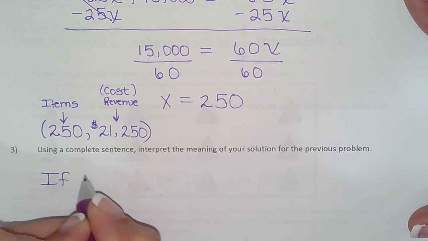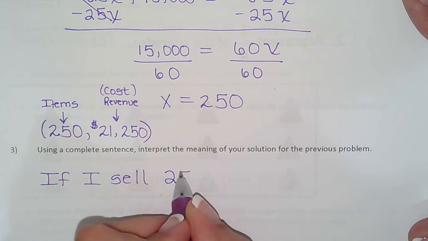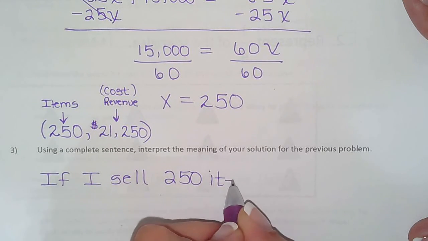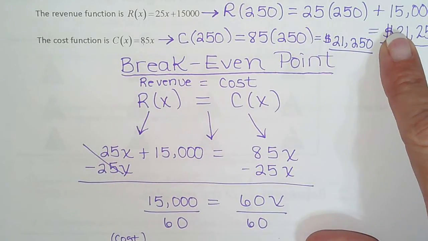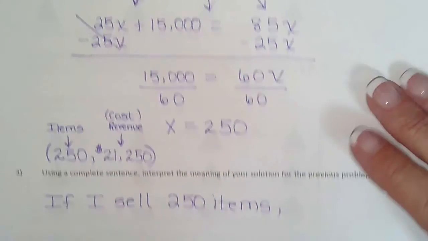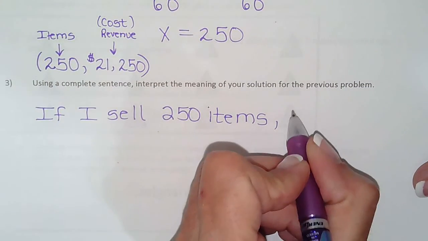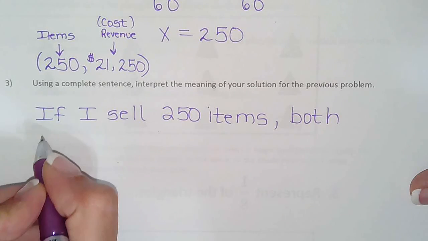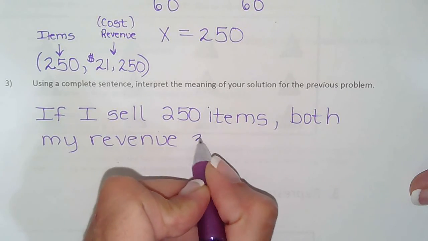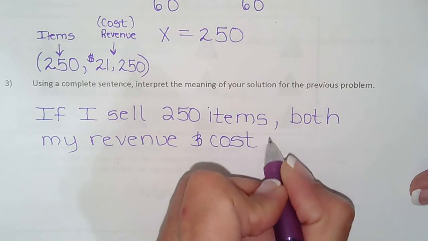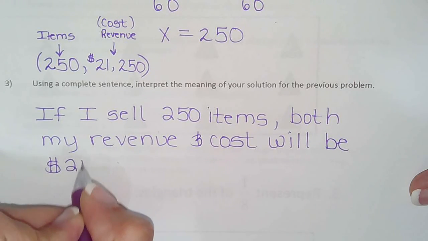If I sell 250 items, both my revenue and my cost will be $21,250, which means I have broken even.